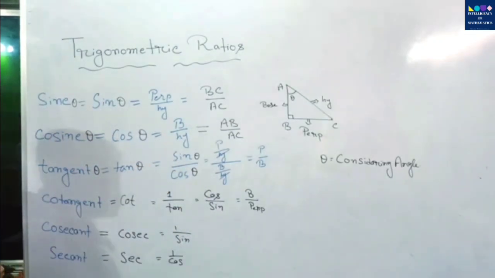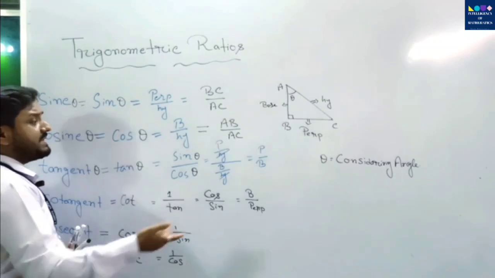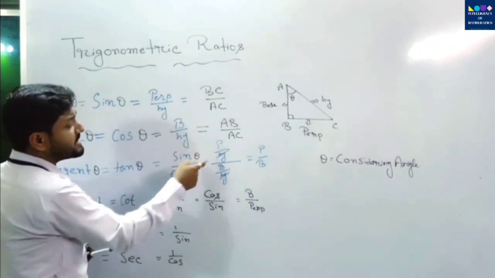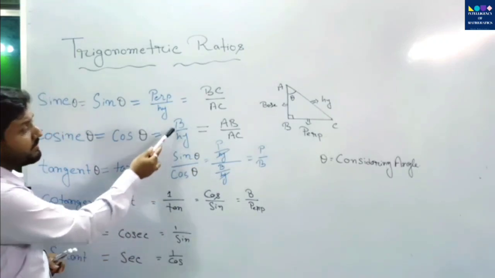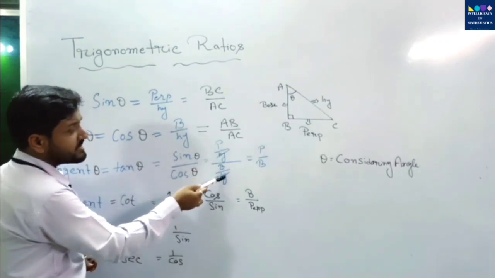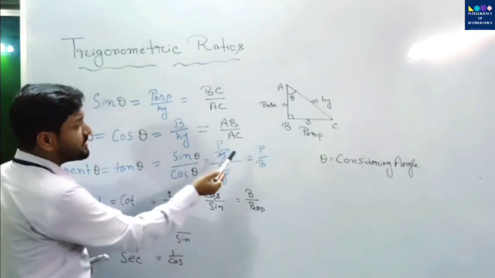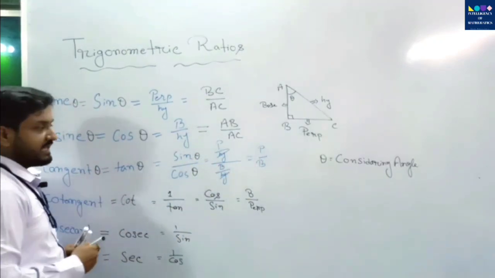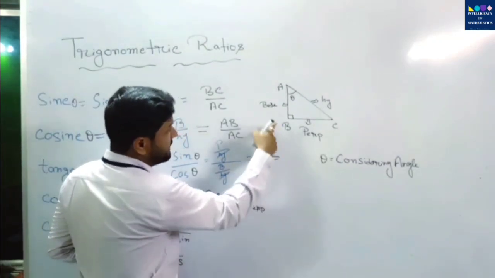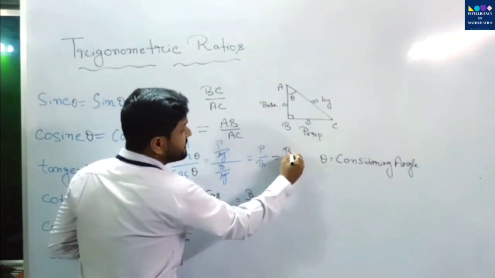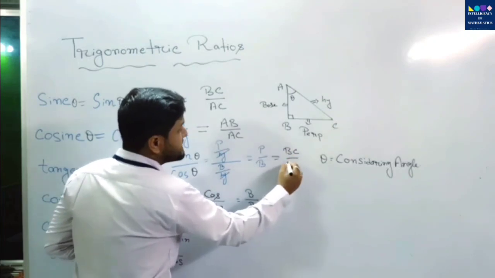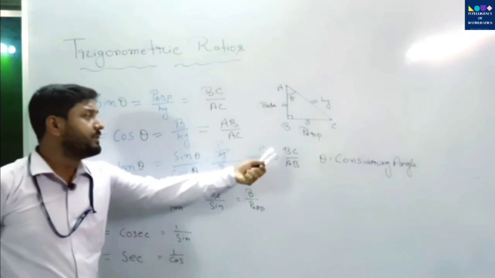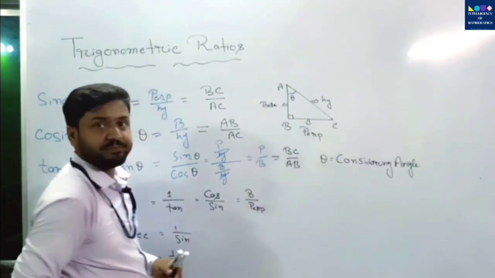Sine theta is perpendicular by hypotenuse and cos theta is base by hypotenuse. Hypotenuse will be cancelled, and the final ratio for tan theta is perpendicular by base. Applying it to the triangle, perpendicular is BC and base is AB, so tan theta is equal to BC by AB.